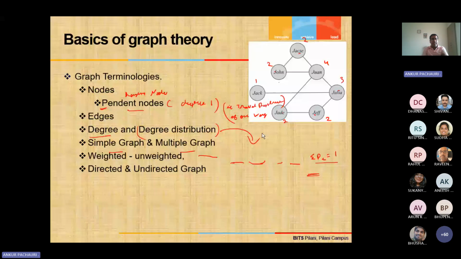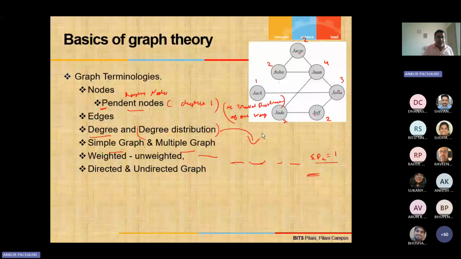Now, weighted and unweighted graph means, suppose same. Unweighted graph means edges don't have any labels. Edges don't have any count or any value, any number associated with them. So those graphs are called unweighted. Now, if I have the weights associated with the graph, then that graph is called a weighted graph.